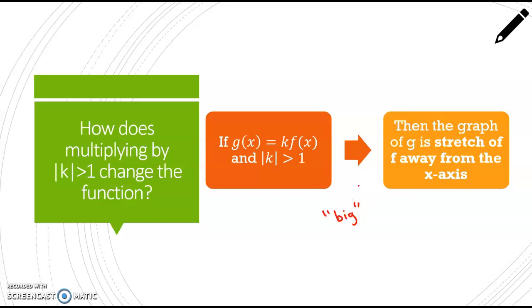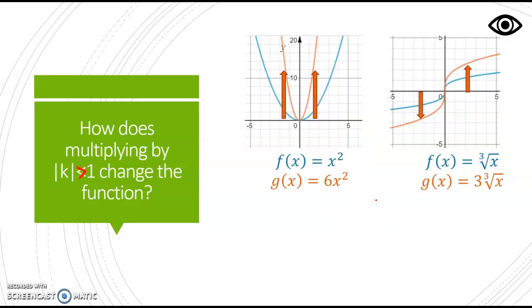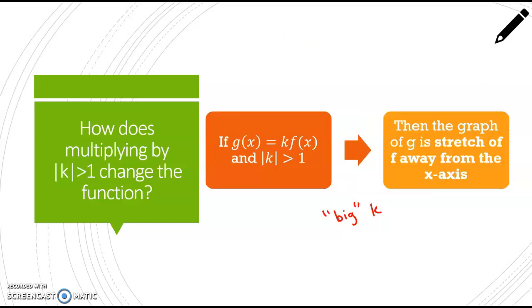If you have like -6 as a k, that will flip your graph over the x-axis, but then also push it away from the x-axis. Okay, so this is a push away from the x-axis.